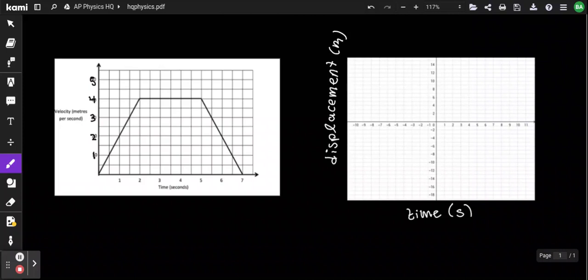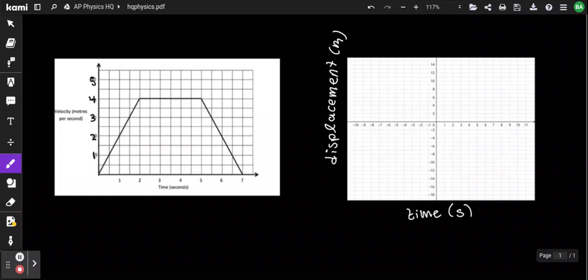Okay, so now we know how to use slope to find either the velocity or acceleration of a graph. But how can we use a velocity graph or an acceleration graph, which we will go over later, to find the displacement of our object? So before we go into any formulas, let's take a look at our units.